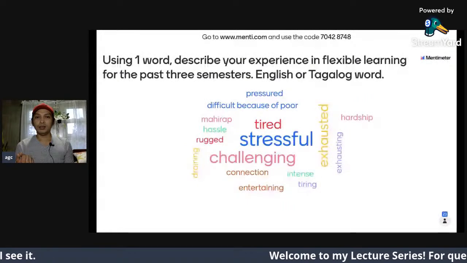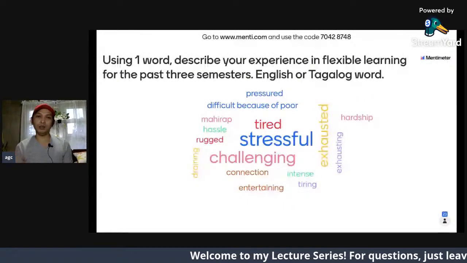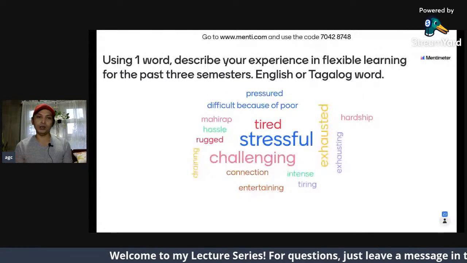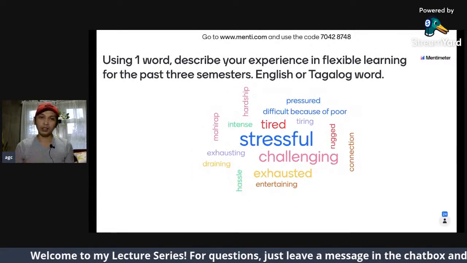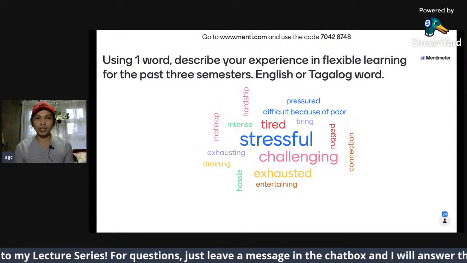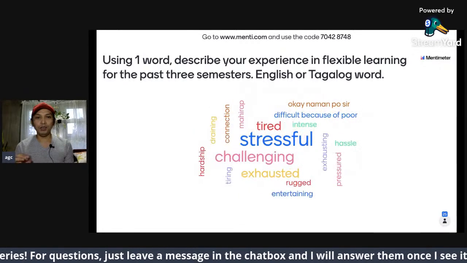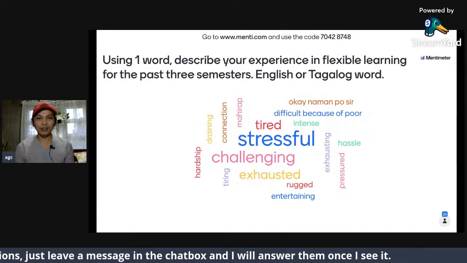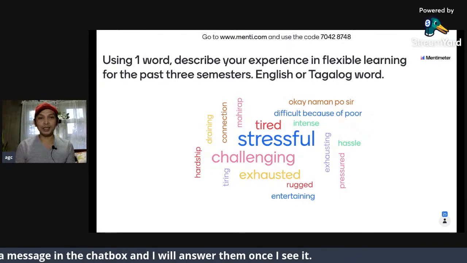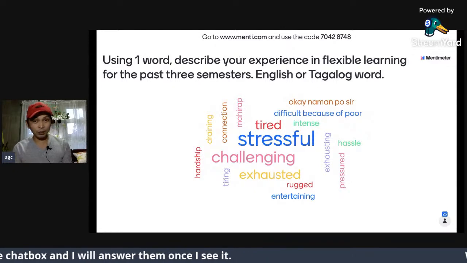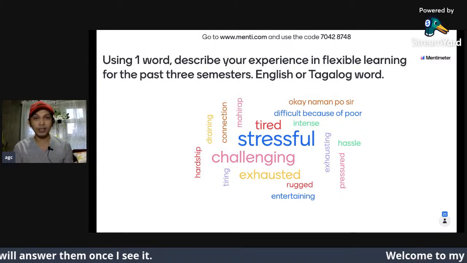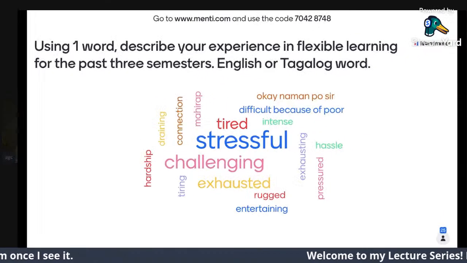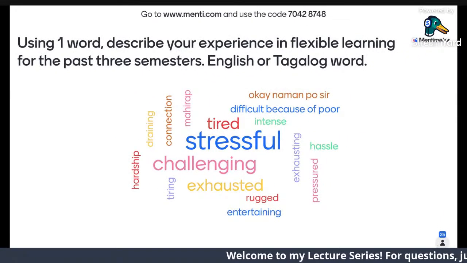Hindi lahat tayo, meron tayong Wi-Fi. And not all of you have laptops, and most of you are using your phones. That's really stressful, challenging. Some of you probably are tired already, it says here. Rugged, I don't know what that means. Entertaining, that's good, it's positive. Hassle, pressured, exhausting. Okay naman po, sir. So that's 4 words.